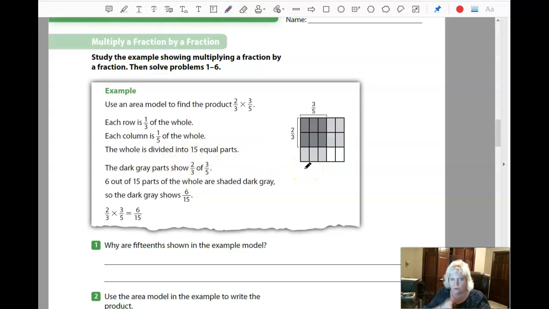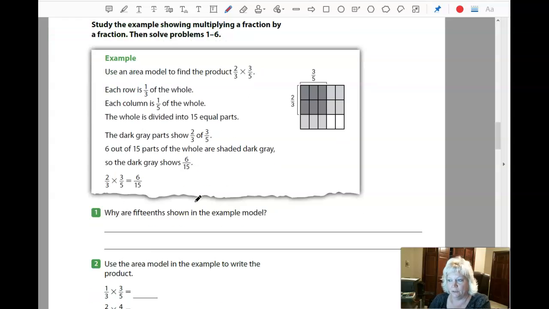After you've drawn your lines, if you don't know what 3 times 5 is, you could count the boxes. 1, 2, 3, 4, 5, 6, 7, 8, 9, 10, 11, 12, 13, 14, 15. The dark part shows where the 2 colors overlap. So 6 out of the 15 are shaded dark gray, so the answer is 6 out of 15.